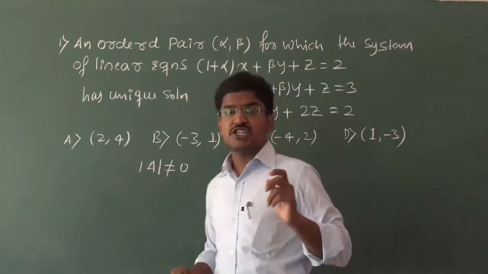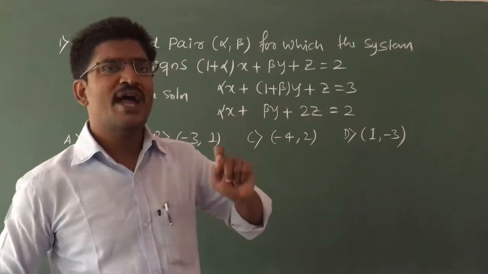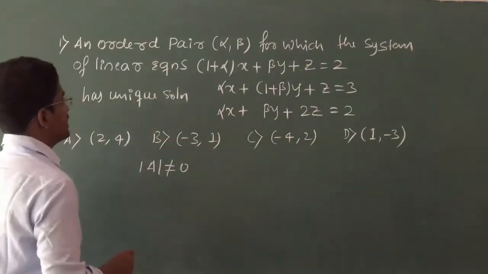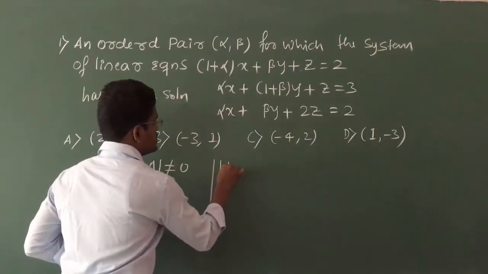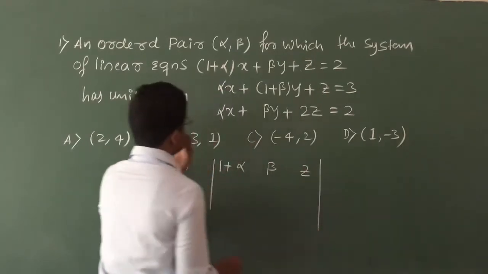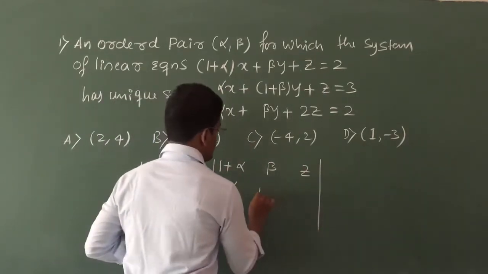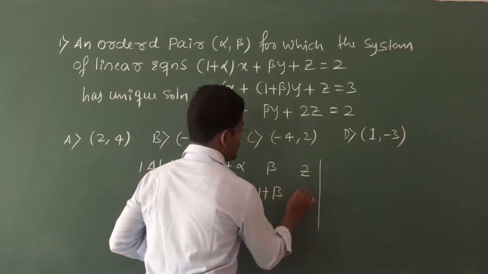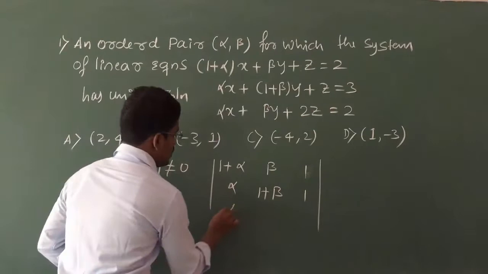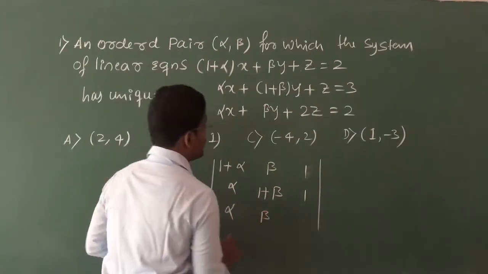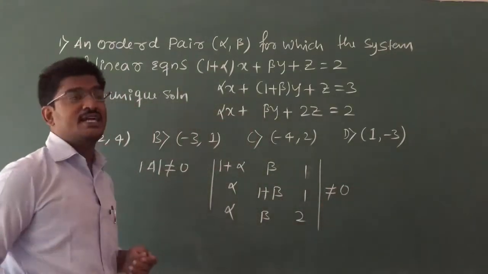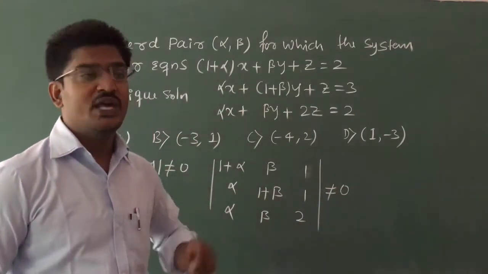The coefficient matrix is: 1 plus alpha, beta, 1; alpha, 1 plus beta, 1; alpha, beta, 2. This must be not equal to 0. Then we say that it has a unique solution.